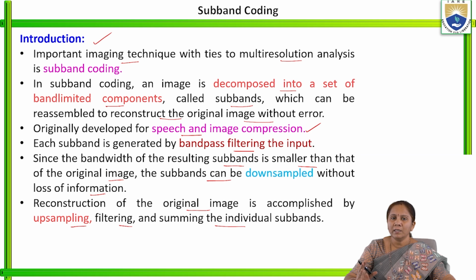After that, decompression should be done to get the original image without loss of information. For decompression, upsampling should be applied along with filters, and the outputs coming from all the subbands should be summed and combined to form the original image.